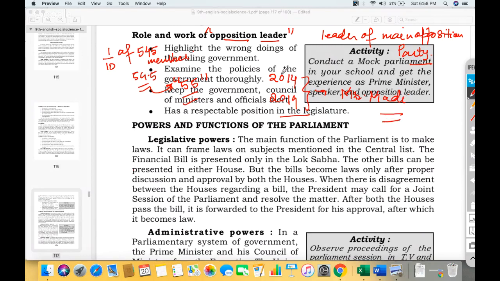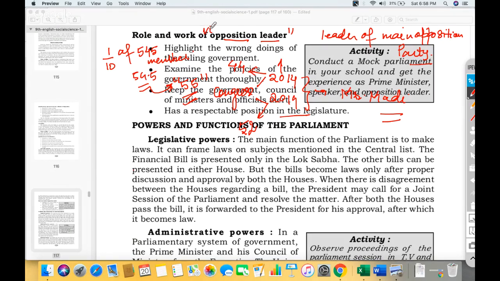The main opposition party in both 2014 and 2019 is Congress. But in 2014, Congress after election got 44 members, and 2019 Congress after election got 52 or 54 seats, which is less than 55 seats. That is why currently there is no opposition leader in parliament.